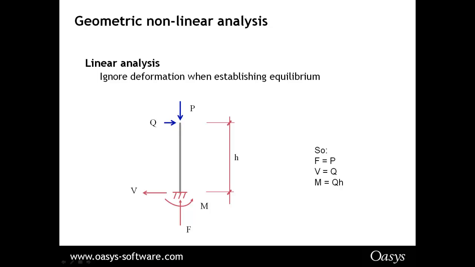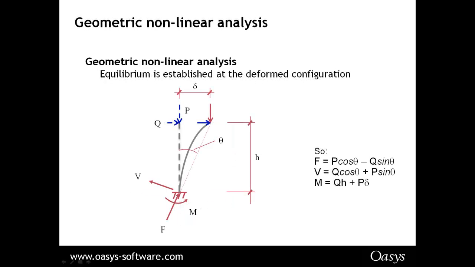I mentioned before, this is a linear analysis. Everything's based on the initial geometry, so the reaction F is equal to the load P, reaction V is equal to load Q, and the moment is equal to Q times the height. Good first year stuff.